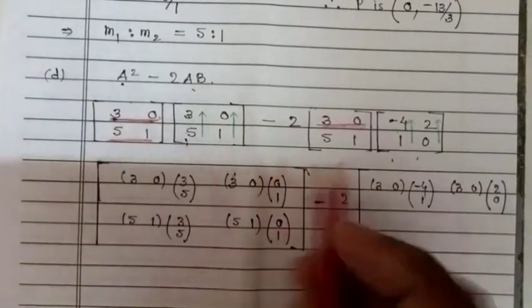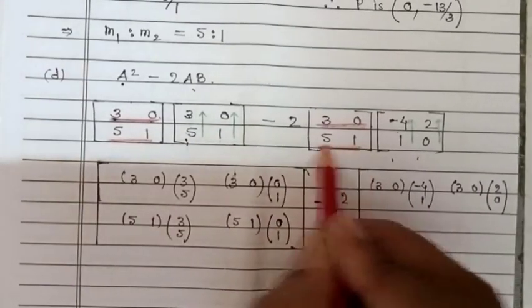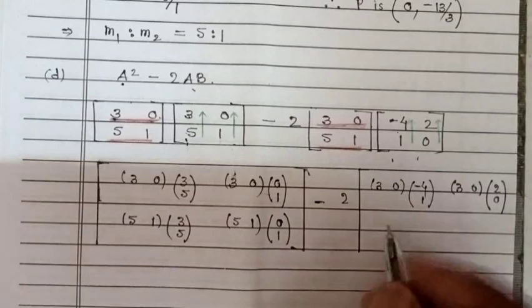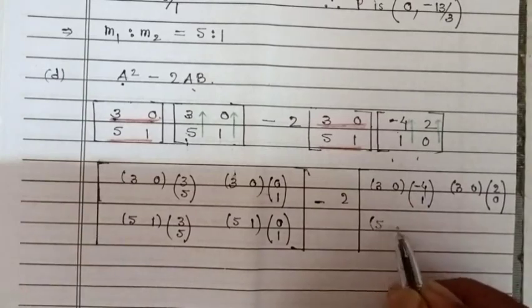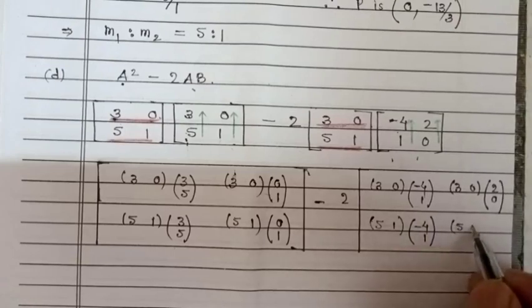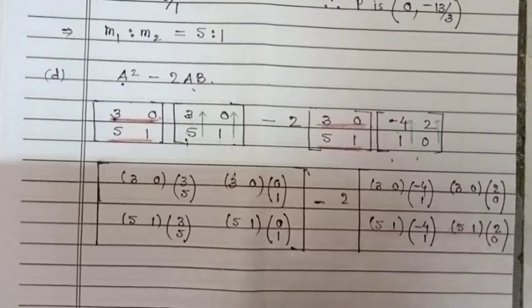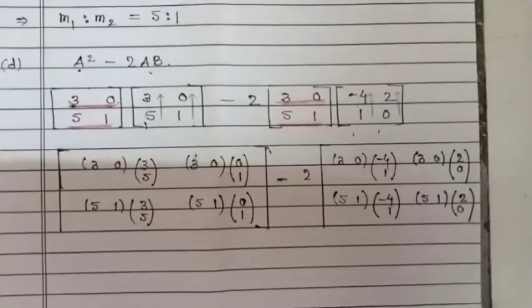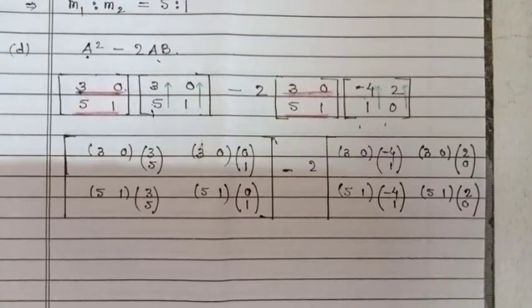Now after multiplying the first row, you will multiply the second row. So it's 5, 1 multiplied by minus 4, 1. 5, 1 multiplied by 2, 0. Okay, let's see what will be the result here.